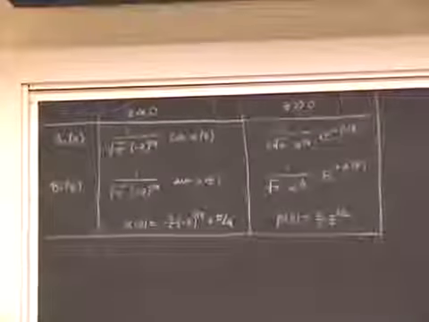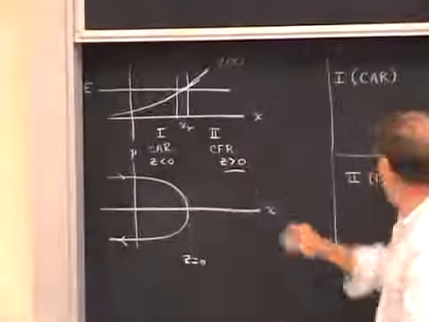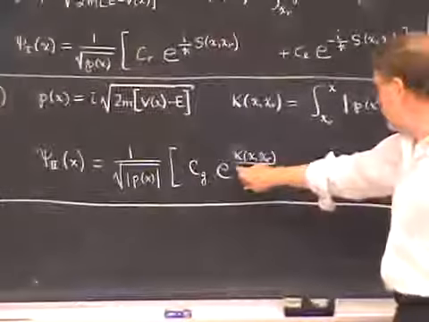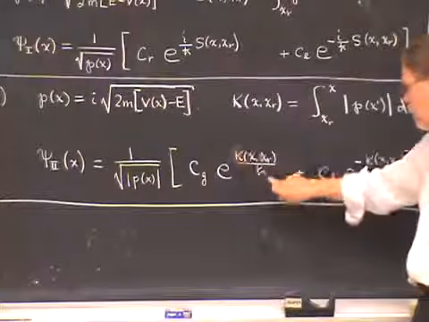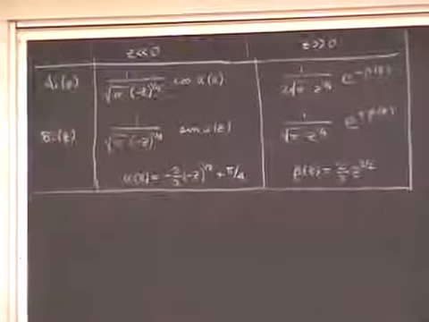So, for example, if I look at the classically forbidden region first, which is where z is positive, then this exponent which occurs in our WKB solution here, which is k of x comma xr over h bar, must be equal to that exponent beta of z up there. Well, let's see if it is. Let's show that it is. It turns out it is.